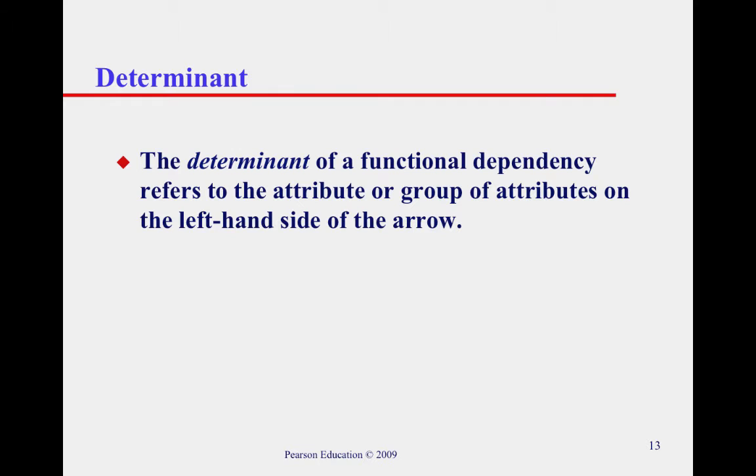The determinant of a functional dependency is the attributes on the left-hand side of the arrow. So we write a functional dependency using an arrow, much like you did in CS 311. So if we have, say, A, D, E determines F, X, Y, we would call A, D, and E the determinant.